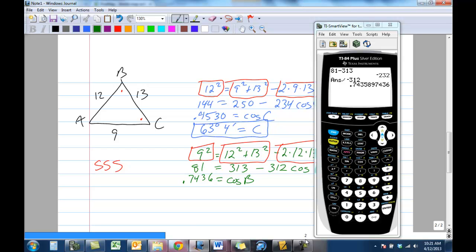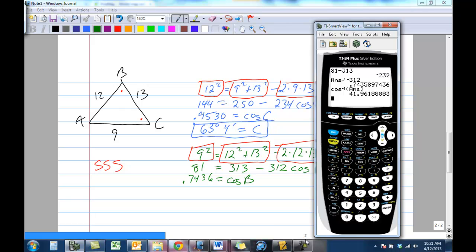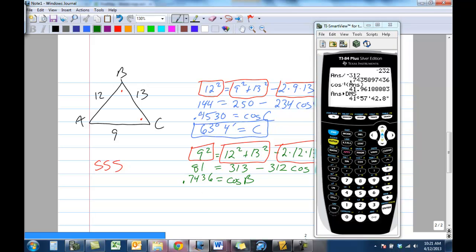It's cosine of B. Inverse cosine of the answer. You should get 41.96. But again, this is an angle, so DMS it. 41 degrees. How many minutes? 58 minutes. Man, everyone's rounding up. 41 degrees, 58 minutes is angle B.